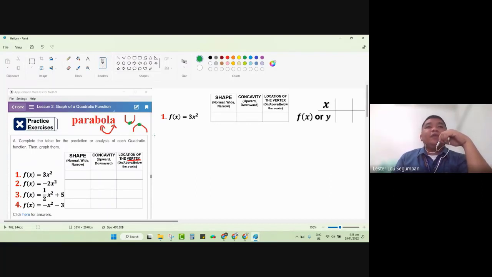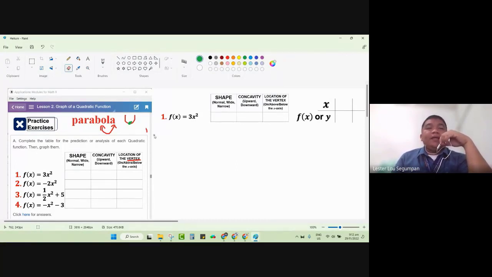The concept of the vertex is very important in determining the picture of the graph, because without considering the vertex, we might just see a portion like that, or worse, a portion like this, which will not show a parabolic curve.